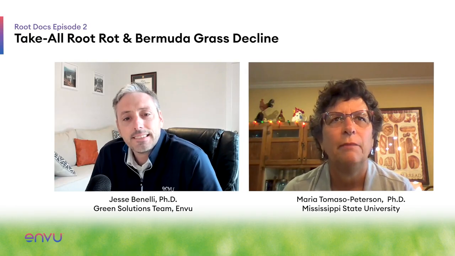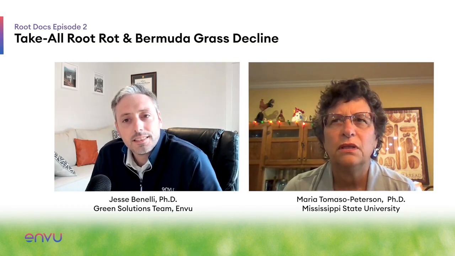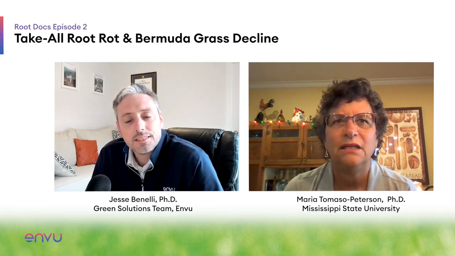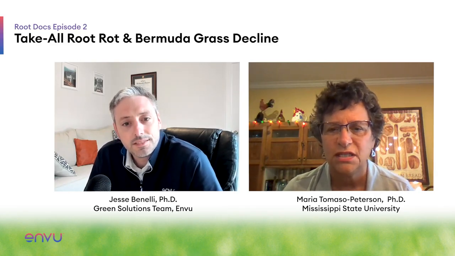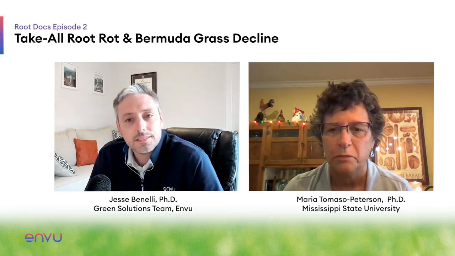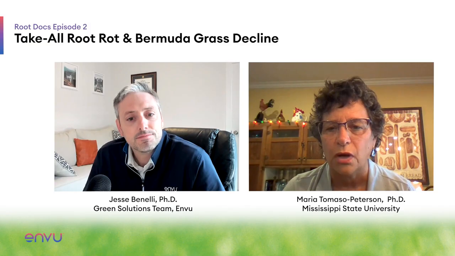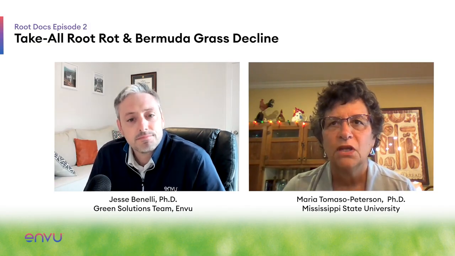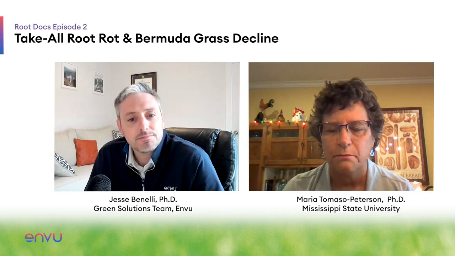And then, about 10 years later, in the late 20-teens, Jim Kern started to see this patch disease on their ultra dwarf Bermudagrasses, and it was just blowing up in the Carolinas. And he referred to it as take-all root rot. And so we've kind of just gone back and forth and melded the name.